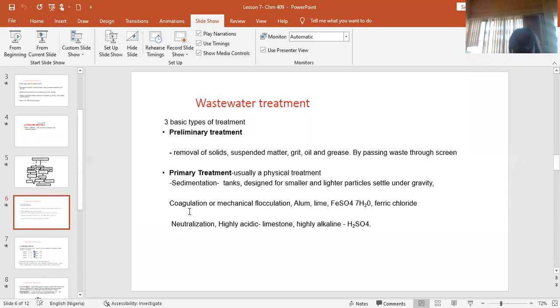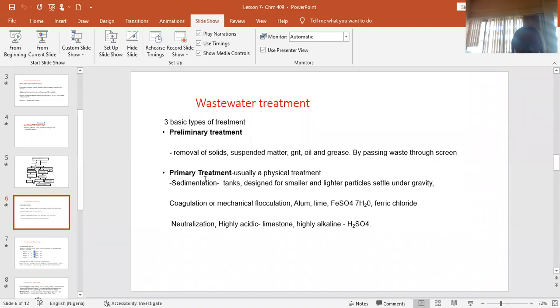So we have coagulation or mechanical flocculation also as a primary treatment. Also, we can add ferrous sulfates or ferric chloride. All these would bring the particles down, and everything would now settle under gravity.